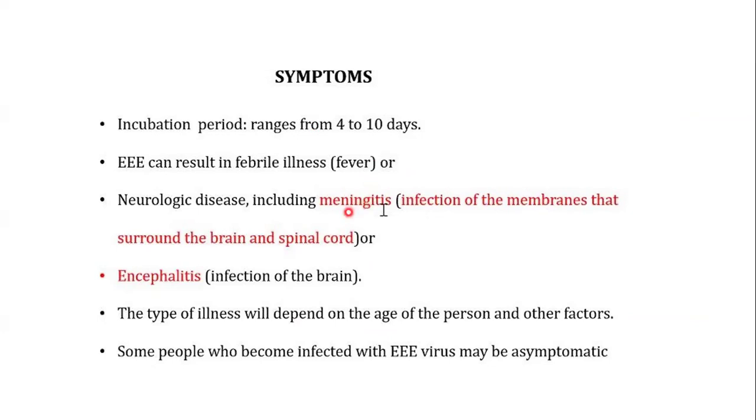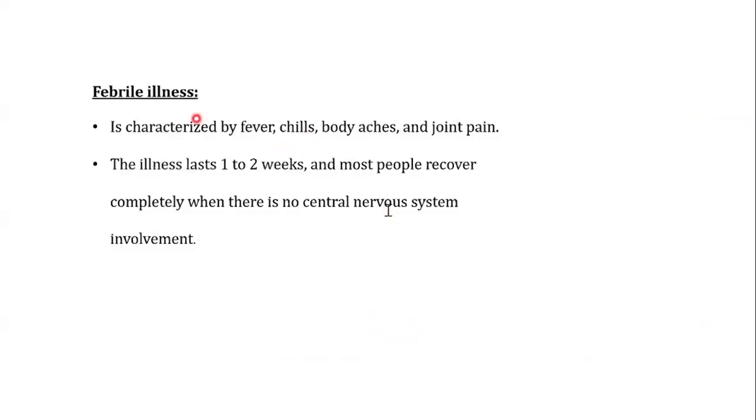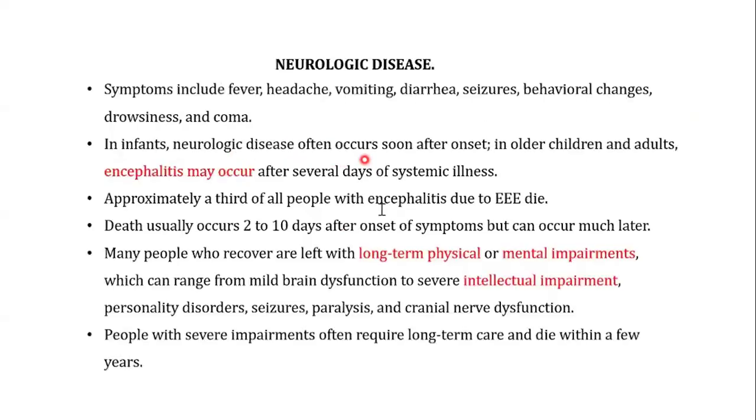You start with a fever, then viremia goes to the blood, and spreads to the brain or the meninges. Febrile illness is characterized by fever, chills, body aches, and joint pain. The illness lasts 1 to 2 weeks, and most people recover completely when there is no central nervous system involvement. So before the virus affects the CNS, so that you get meningitis or encephalitis, you'd have recovered.